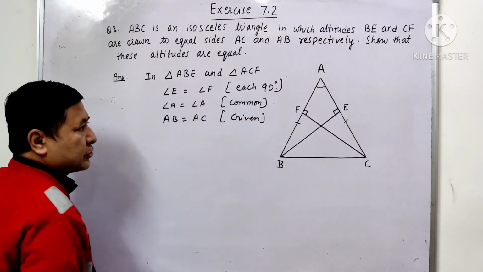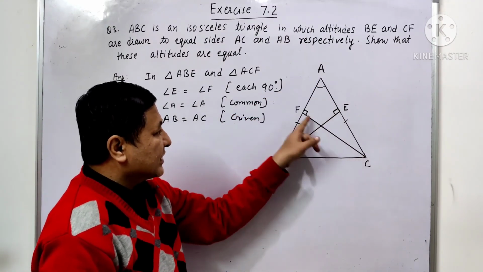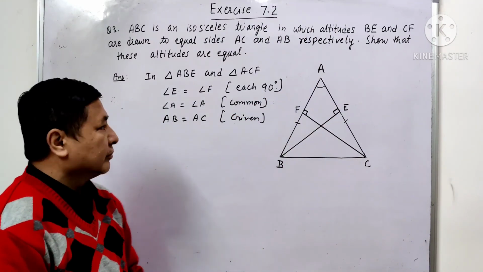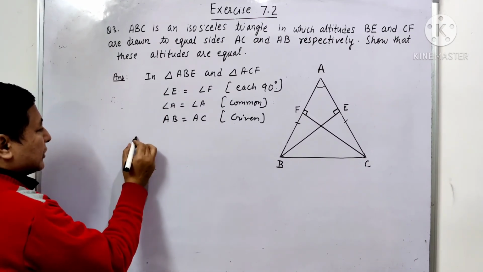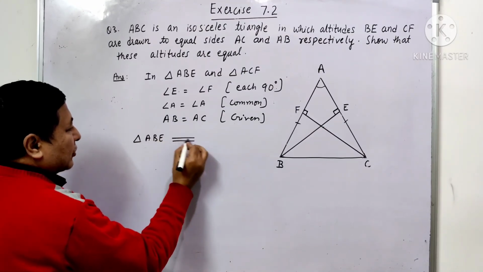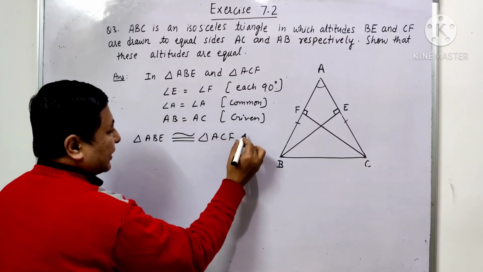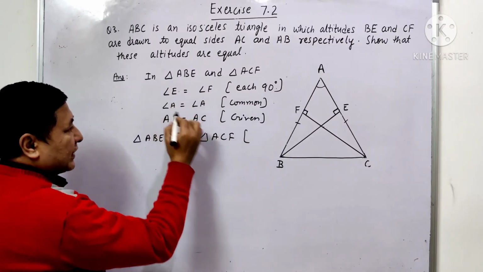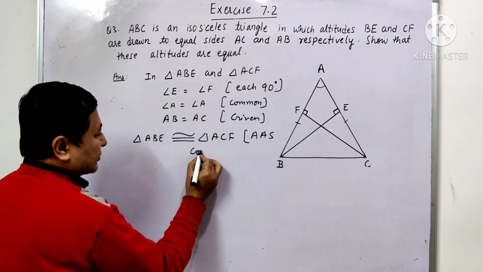So now these two triangles ABE and ACF are congruent. By which rule? Angle, angle, and side. So triangle ABE is congruent to triangle ACF, and the reason is AAS congruence rule.